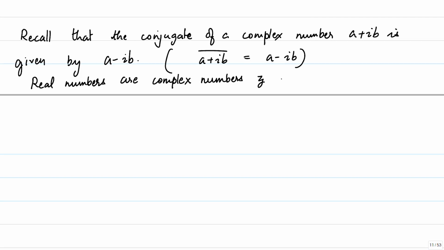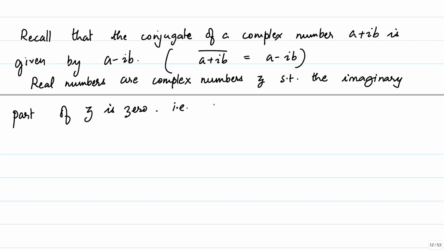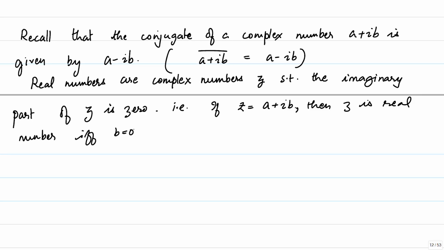Complex numbers Z such that the imaginary part of Z is 0, i.e. if Z is equal to A plus IB, then Z is a real number if and only if B is equal to 0, right?